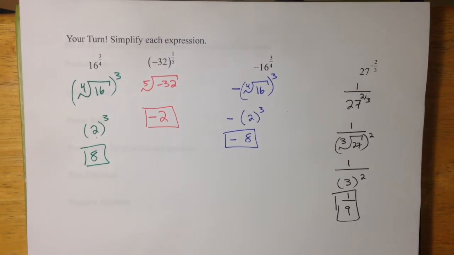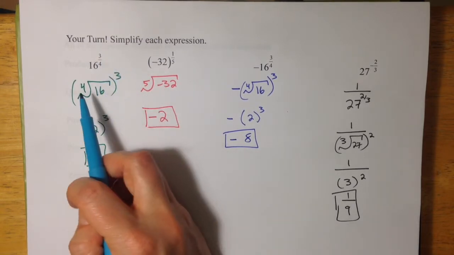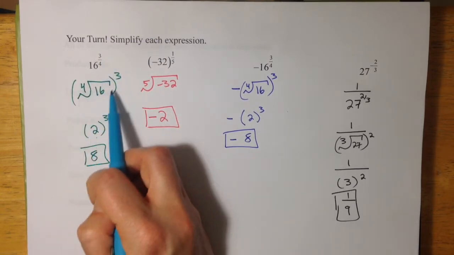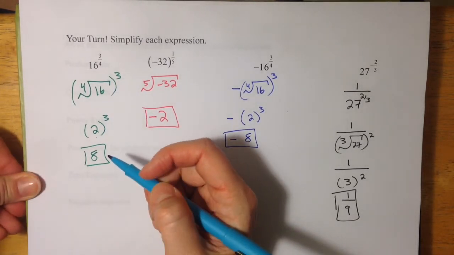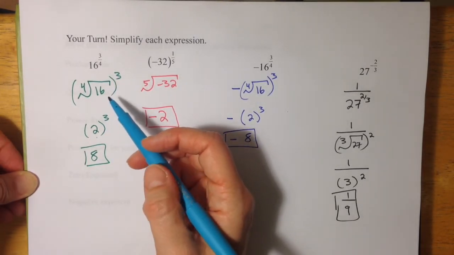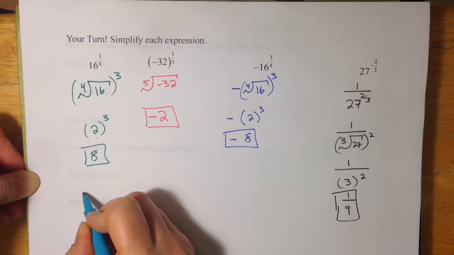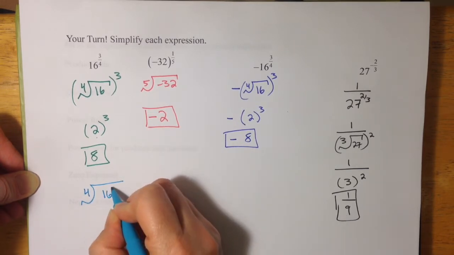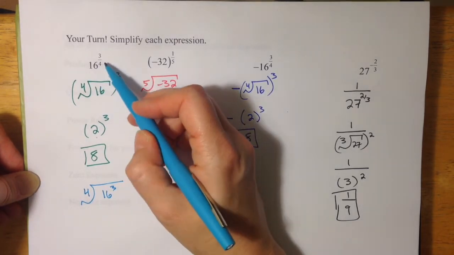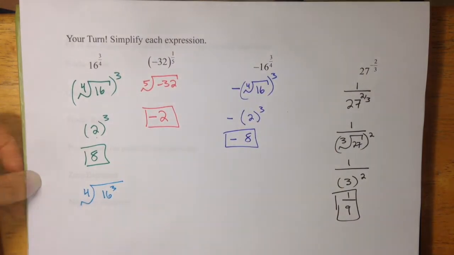I should point out that on each of these problems, I chose to rewrite the rational exponent in such a way that we did the radical first and then took the whole thing to the power. I want to remind you that it's completely acceptable and the same to rewrite this instead with the radical on the outside and the power on the inside. So 16 to the 3/4 is the same as the 4th root of 16 cubed.